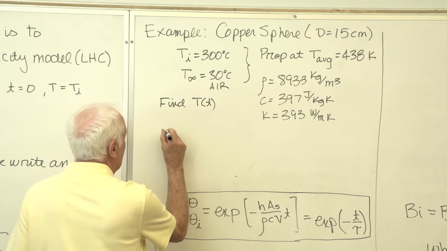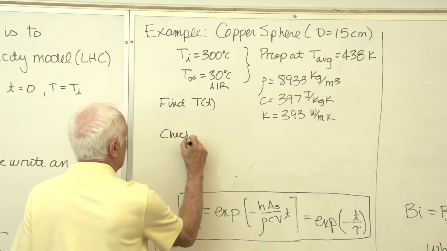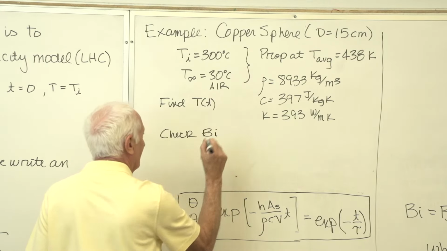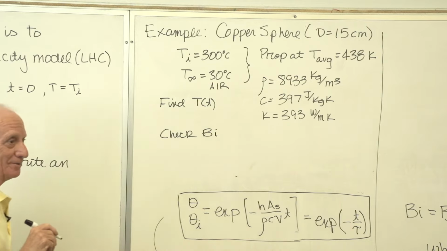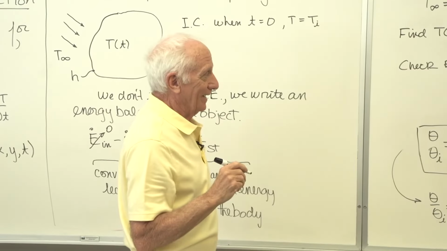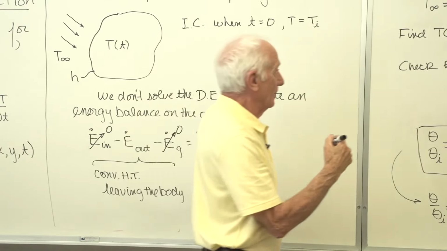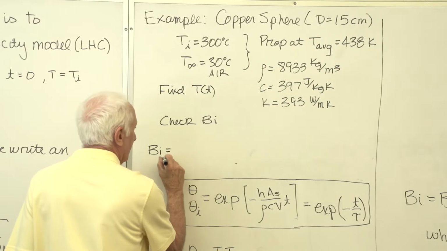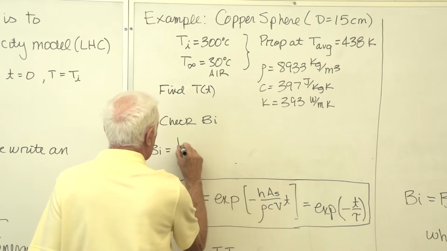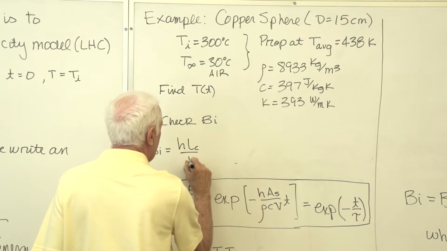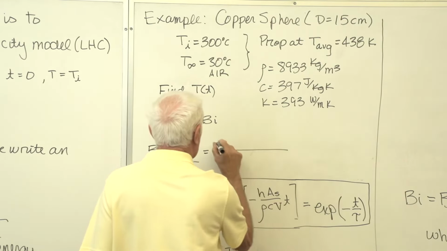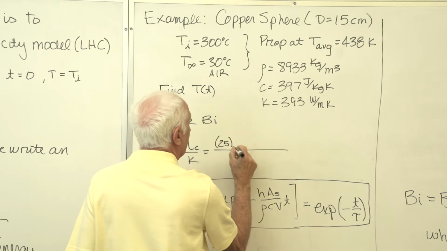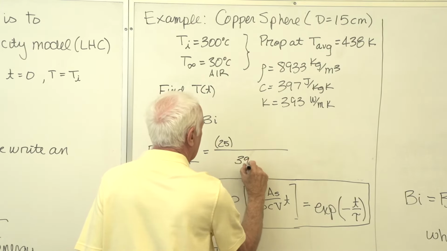Okay, step 1, chapter 5. Check Bi. Maybe you get lucky and the Bi is less than 1/10, and you can use the simple model. Okay, Bi equals h L sub c over k. h is 25, k is 393.